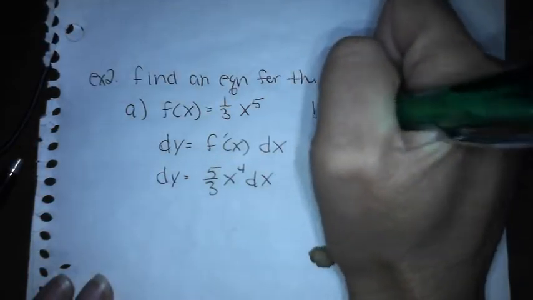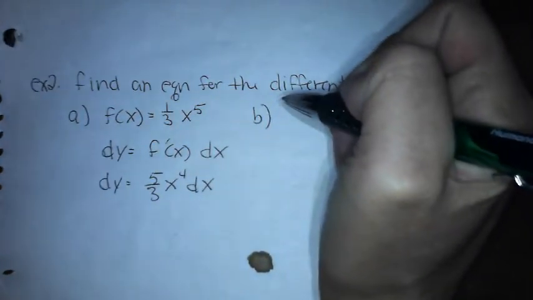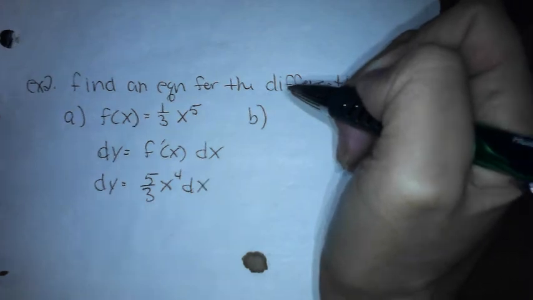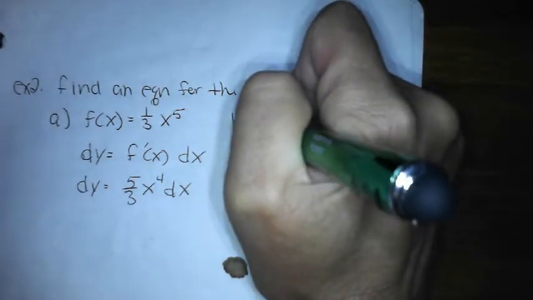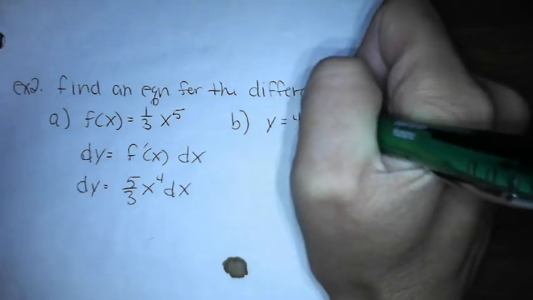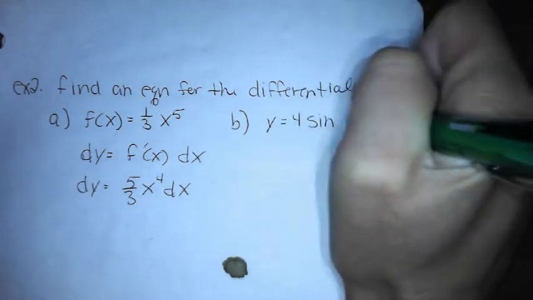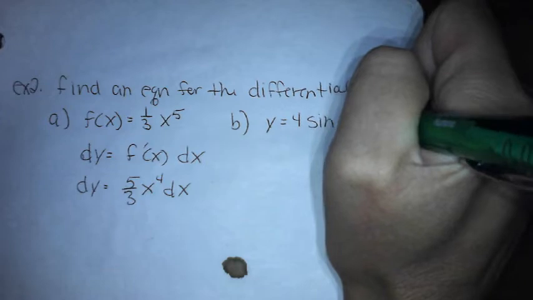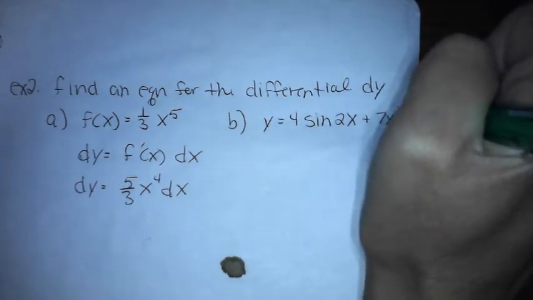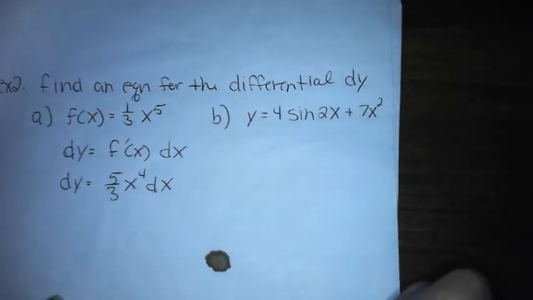So a second one. Let's see if we have y equals 4 sine 2x plus 7x squared, and we want the differential dy.